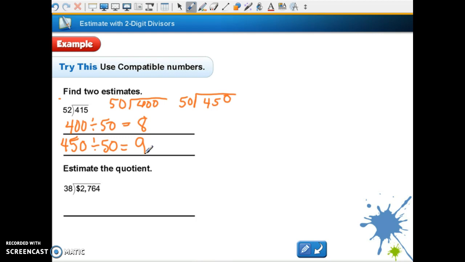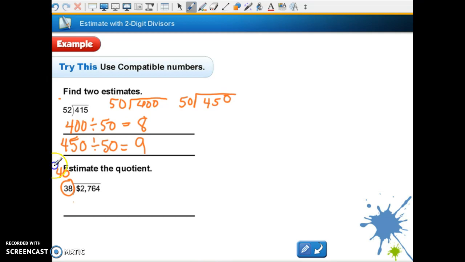Okay, then if we're going to estimate $2,764 divided by 38, I would round this to 40. And I will do my multiples of 4 and see what is just below 27 and what is just above. So if I do my multiples of 4, I have 4, 8, 12, 16, 20, 24, 28.